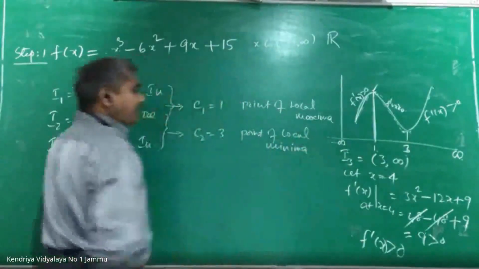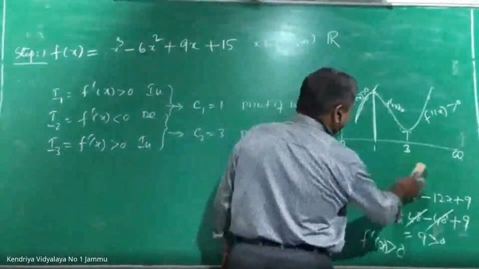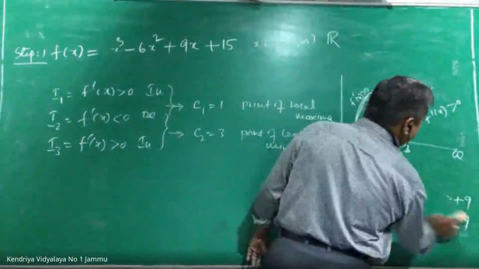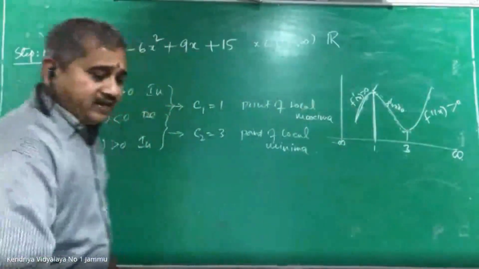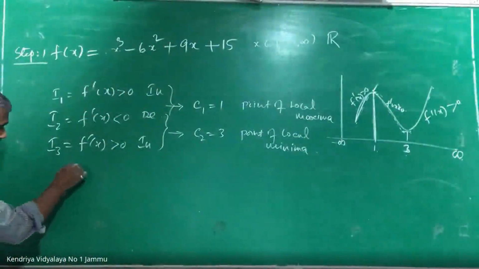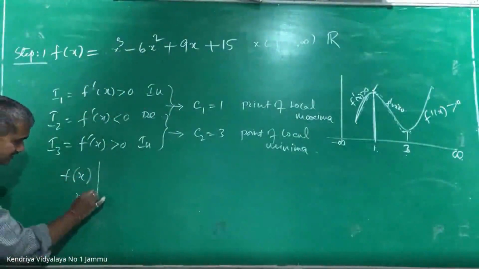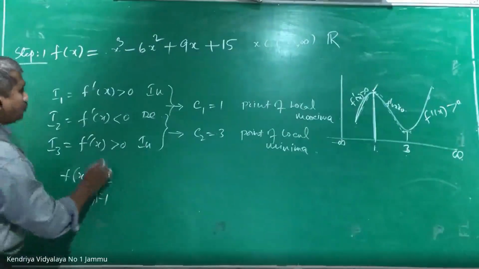According to the problem, our job doesn't end here, that we identified points of local maxima and local minima. We have to find out the values of the function also. That means f of x at x is equal to C1, that is x is equal to 1.